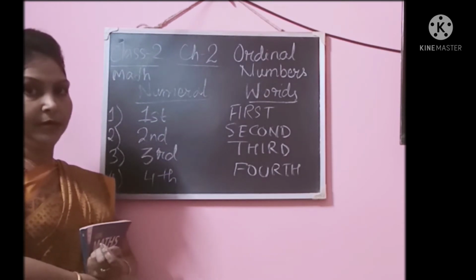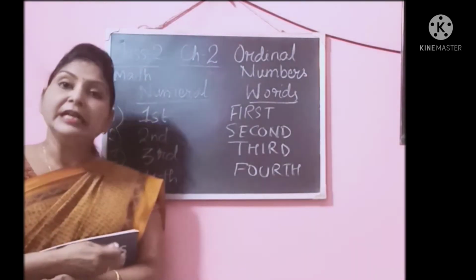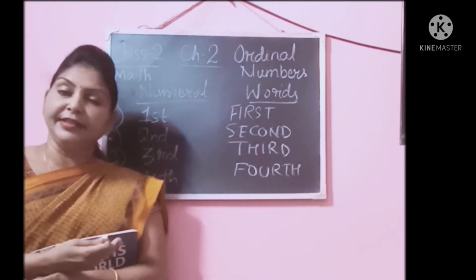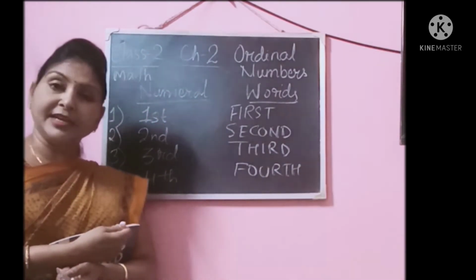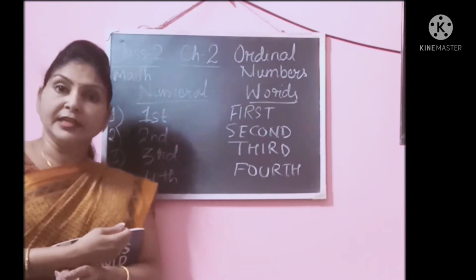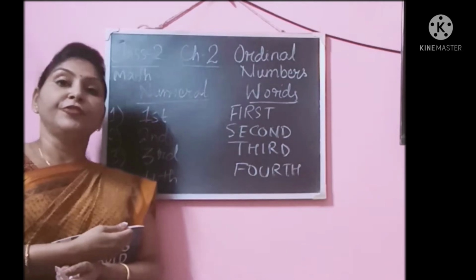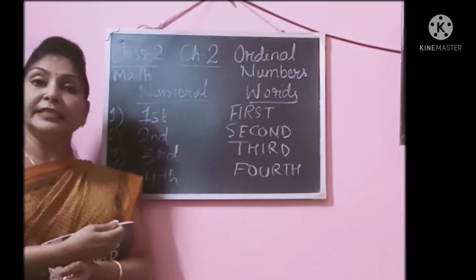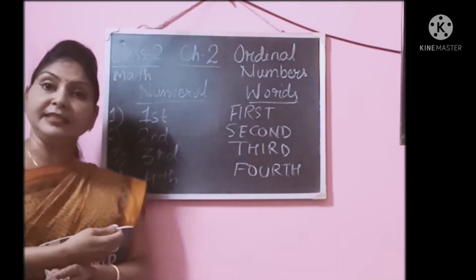After 10th, 11th, 12th, 13th, 14th, 15th, then 16th, 17th, 18th, 19th, 20th. We know the spelling of 11, 12 and 13; only TH is added to these words. That's the only process.